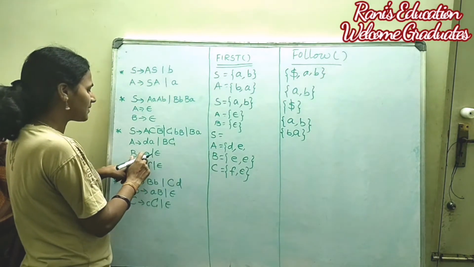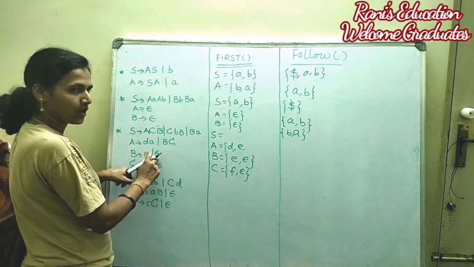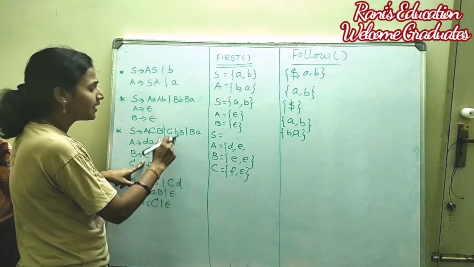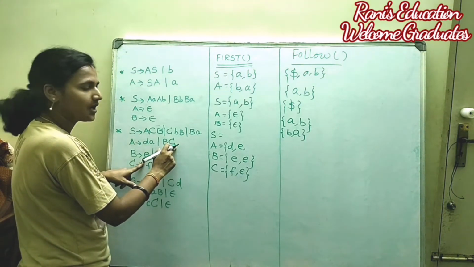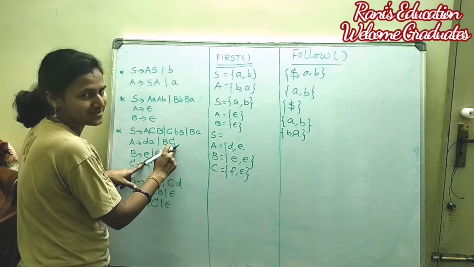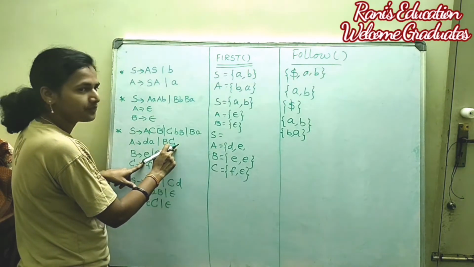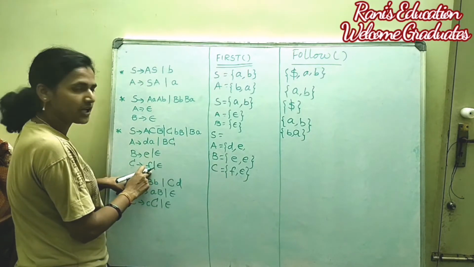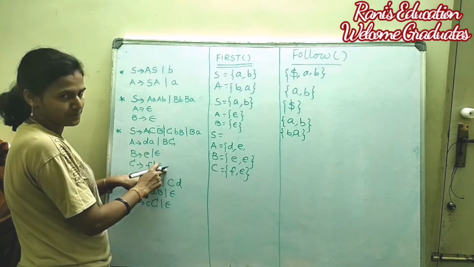Then if I replace B by epsilon, the production becomes A → C. Right? So here the RHS starts with the grammar symbol capital C. Here we need to replace this non-terminal by its corresponding productions, that is f and epsilon.